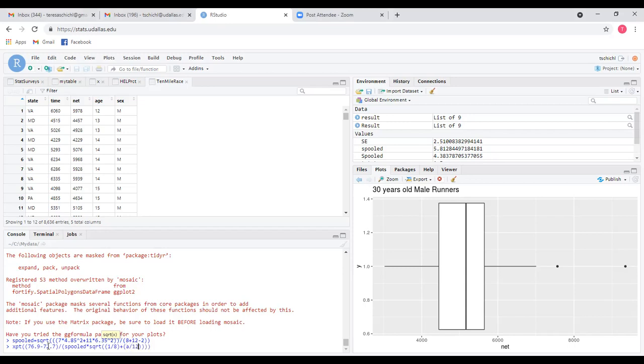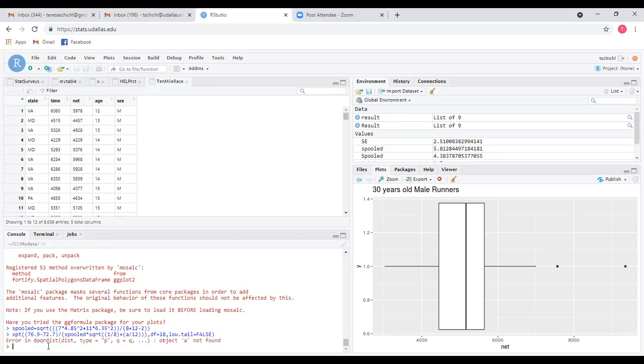So be very careful about all this. Then you set degrees of freedom equal to 18, because I know that. And then you say lower tail equal FALSE, because it's greater, so I want the upper tail.